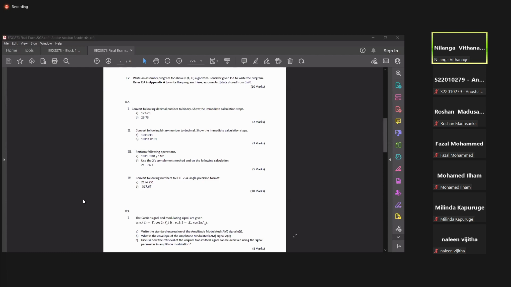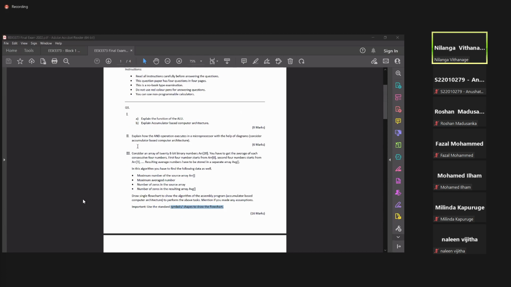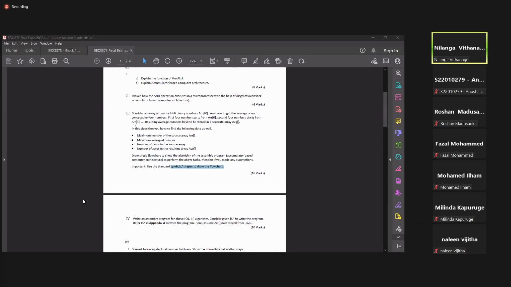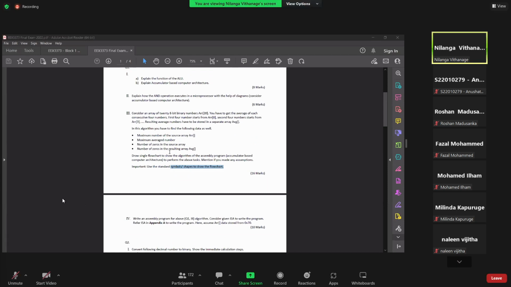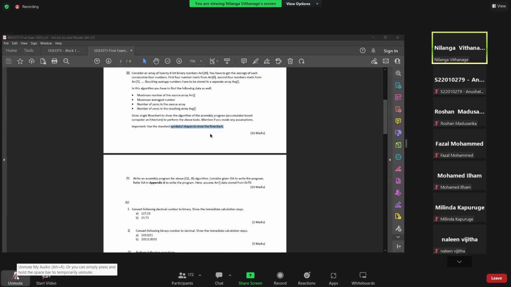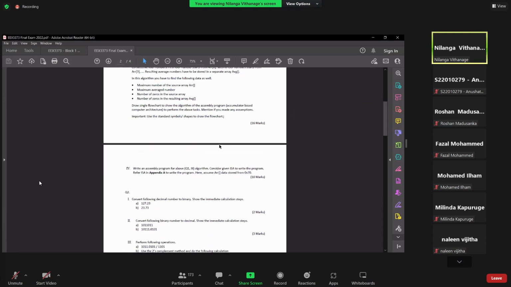In the whole paper, the other parts, especially 2, 3, 4, are based on computer architecture. It is session 4 to 8, I think. So those are the parts we are covering in second day school.